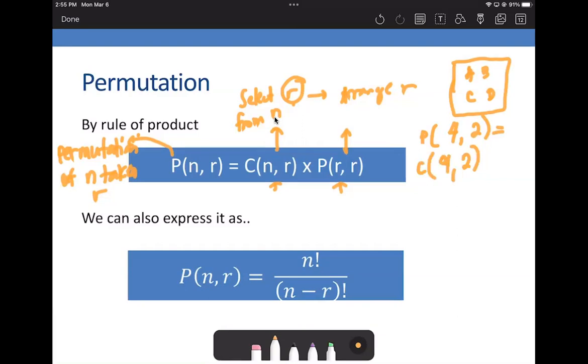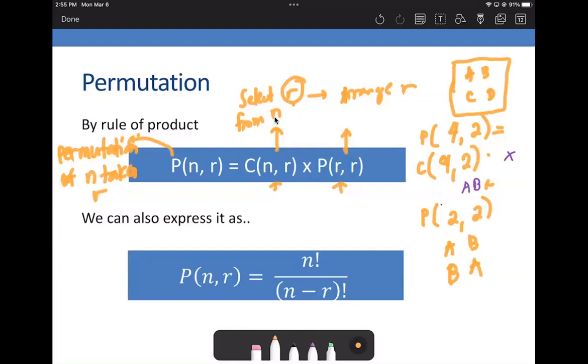For example, we selected A and B. Now, how many ways can we order A and B? That will be P of r taken r, or in this case, permutation of 2 taken 2. How many ways can we do that? That will be AB and BA.